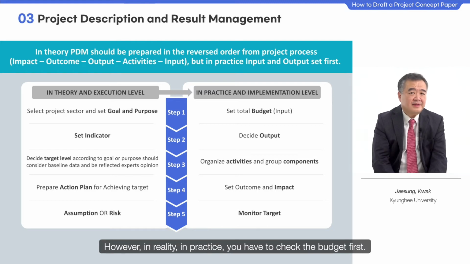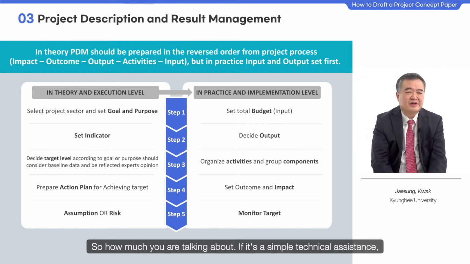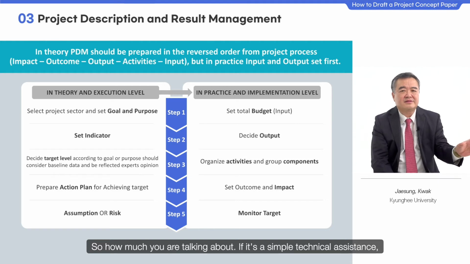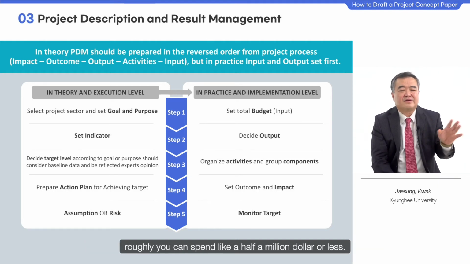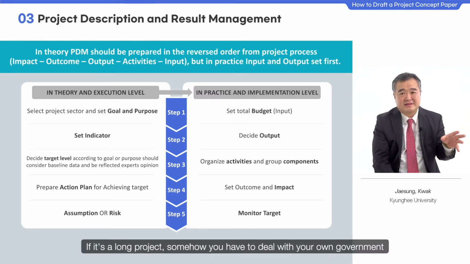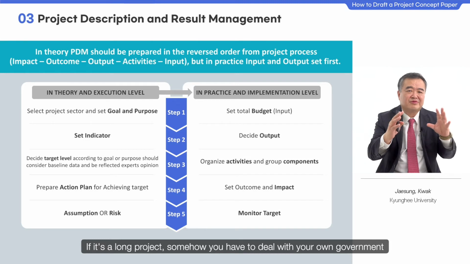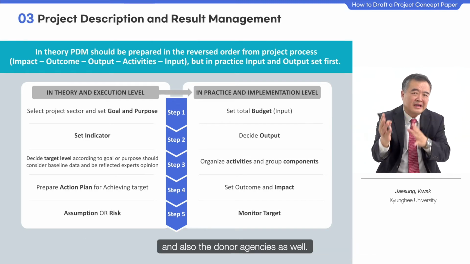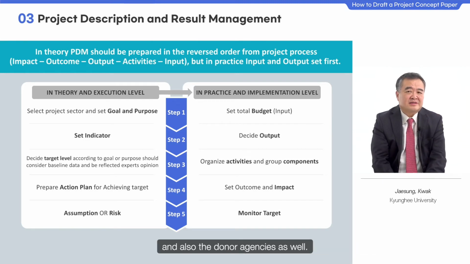However, in reality, in practice, you have to check the budget first. So how much are you talking about? If it's a simple technical assistance, roughly you can spend $500,000 or less. If it's a loan project, somehow you have to deal with your own government and also the donor agencies as well.